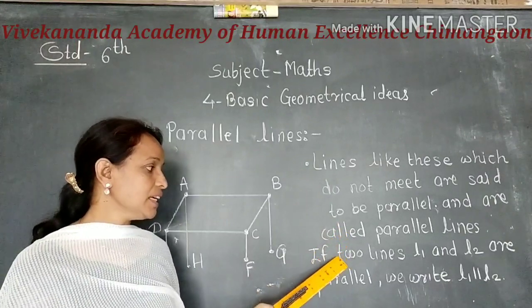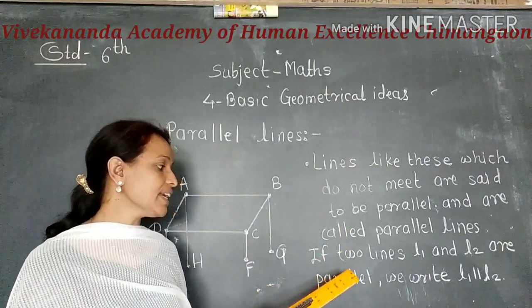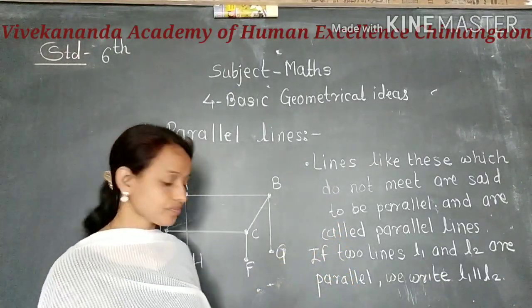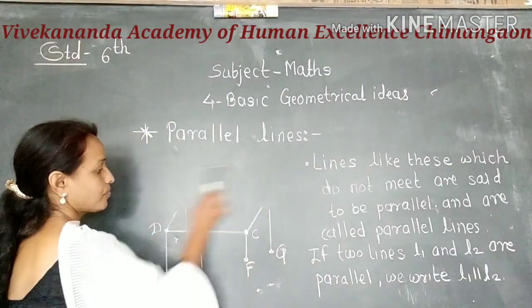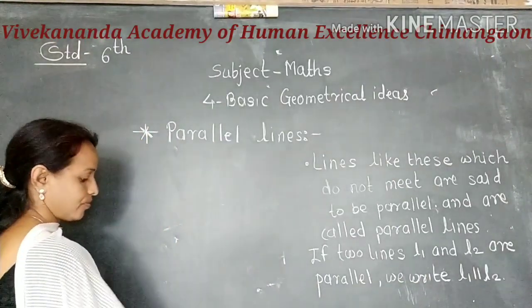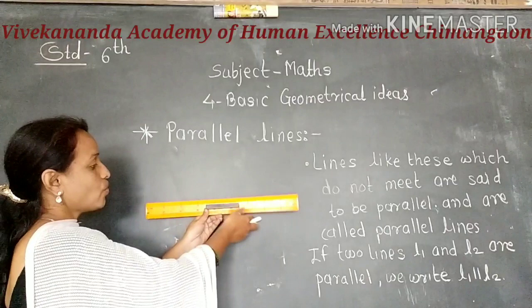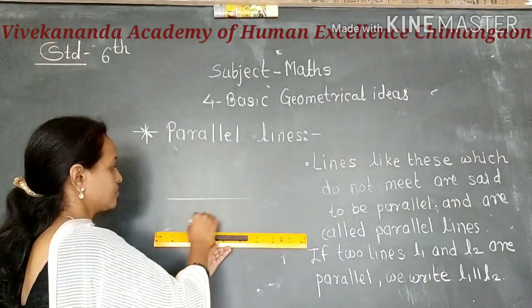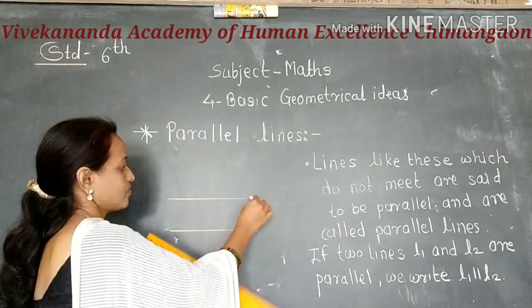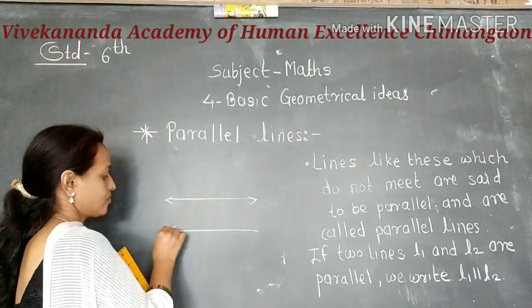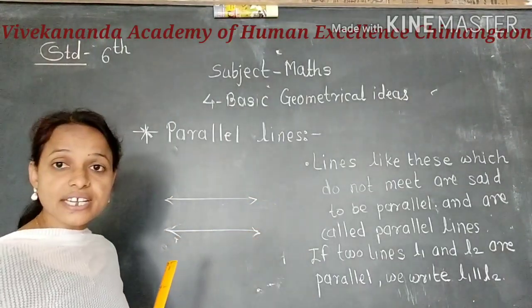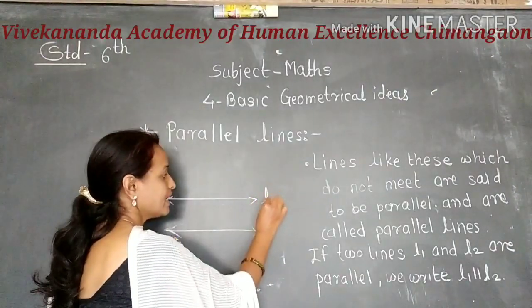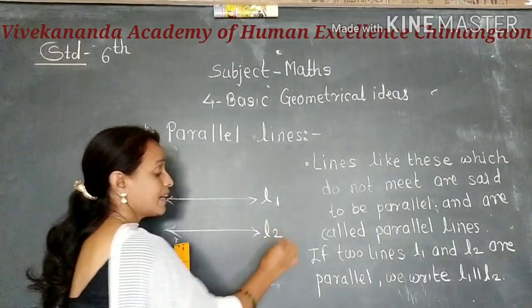For example, if two lines L1 and L2 are parallel, see, here we have drawn two lines. They do not intersect each other.